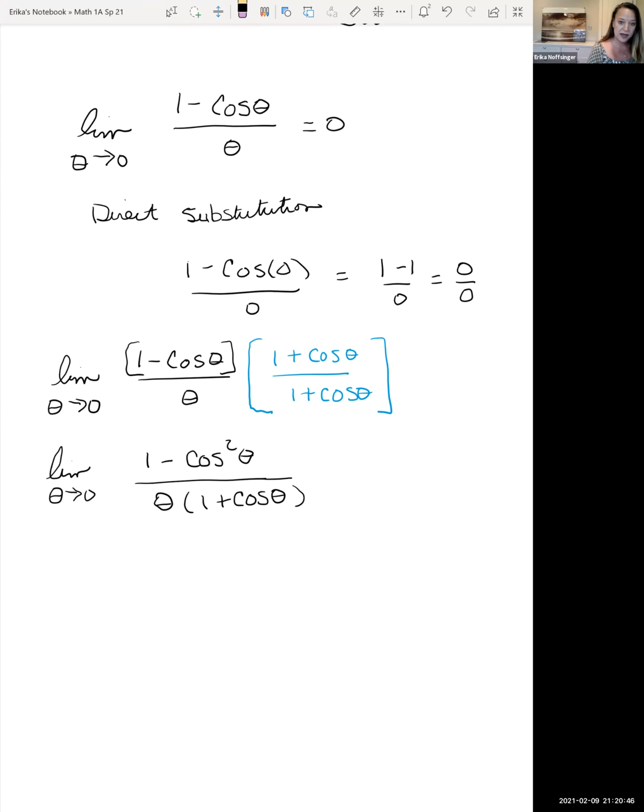So recall the Pythagorean identity, cosine squared theta plus sine squared theta was 1. So by the Pythagorean identity, this is the same thing as sine squared theta. So let's rewrite that. So we can rewrite this as the limit as theta is going to 0 of sine squared theta all over theta times 1 plus cosine theta.